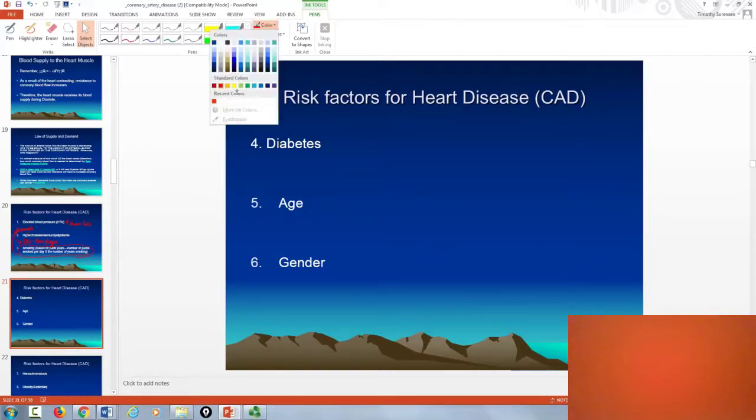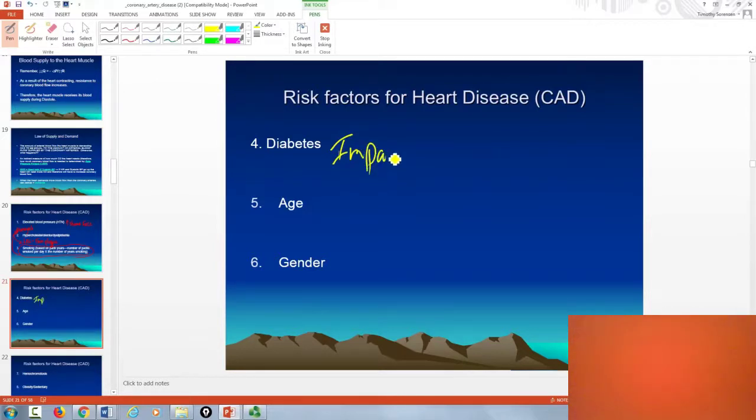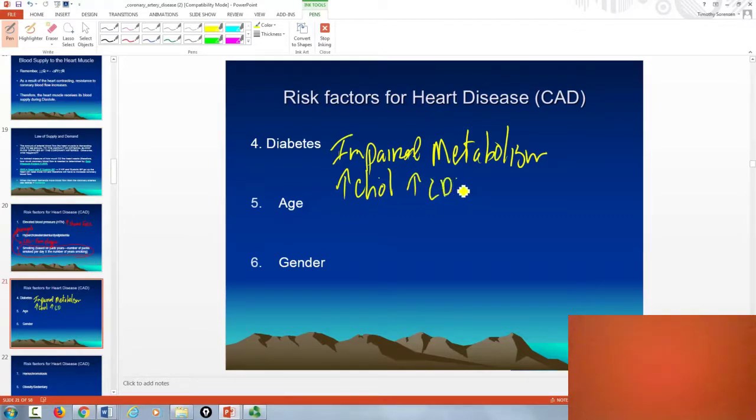Obviously, these people have impaired metabolism, right? And without fail, almost, these people have elevated cholesterol, and specifically they have elevated LDL cholesterol. So diabetes, huge risk factor.